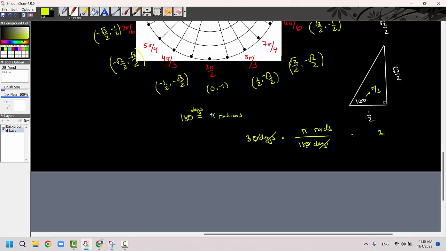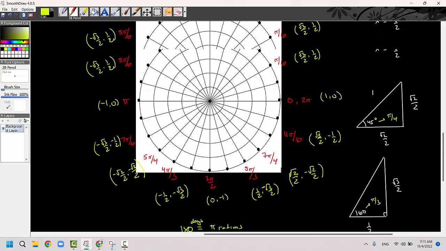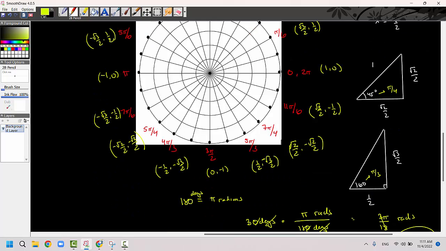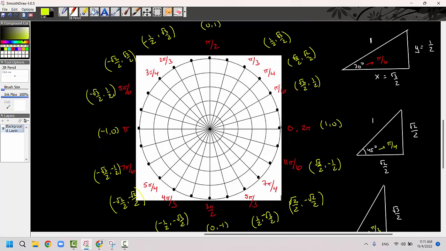I end up with 3 pi over 18 radians. Those guys can kind of cancel. I end up with pi over 6 radians. And what do you know? We assumed 30 degrees was pi over 6 radians, and it actually was. You would use the same technique for 45 and 60. And there you have it. That is the unit circle in radians.